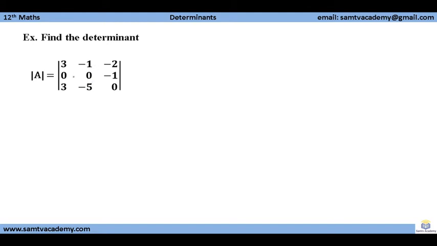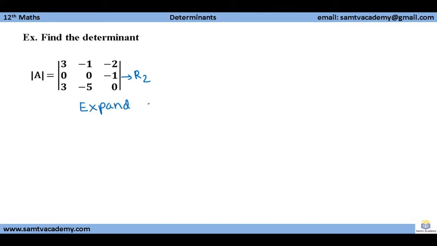So here we can see that in row 2 we have 2 zeros. So we will expand along R2.